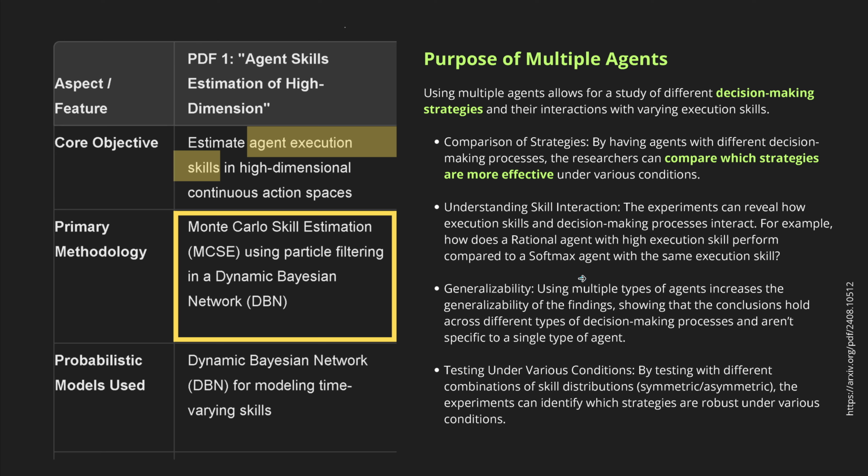If we do the generalization, using multiple types of agents increases the generalizability of the findings, showing that the conclusions hold across different types of decision-making processes and are not specific to a single type of agent. So by testing here with different combinations of skill distributions, and we do not go here with only symmetric, but we also purposefully choose asymmetric, the experiments can identify which strategies are robust under various conditions.